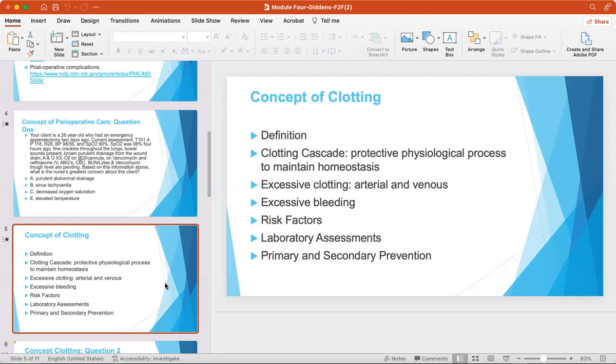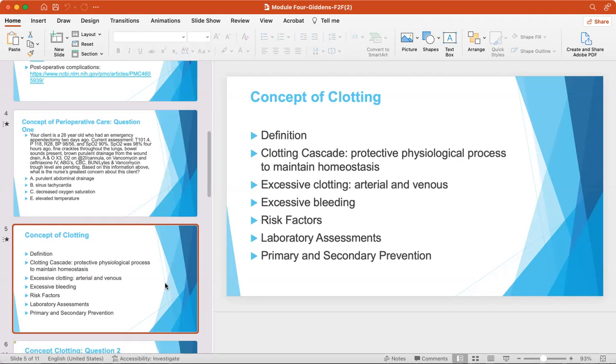Here, let me see what other labs you need to be exposed to. So these are the labs that are used to assess plasmin and thrombin levels, which are altered in DIC.